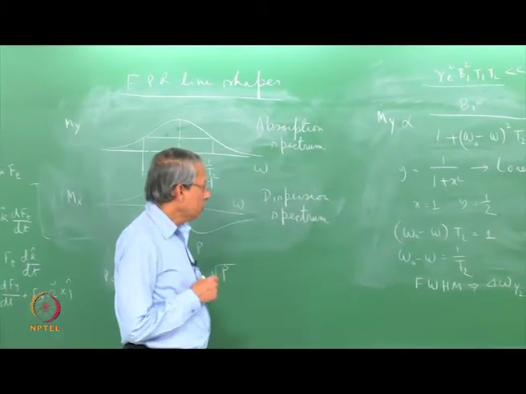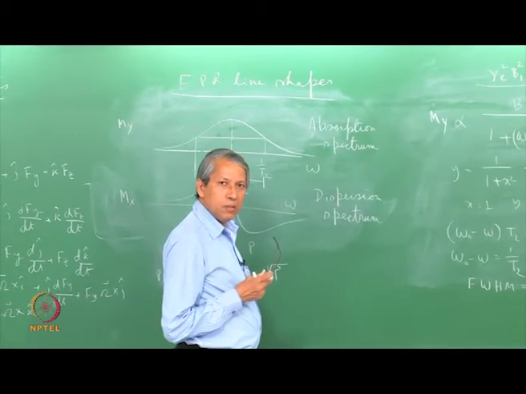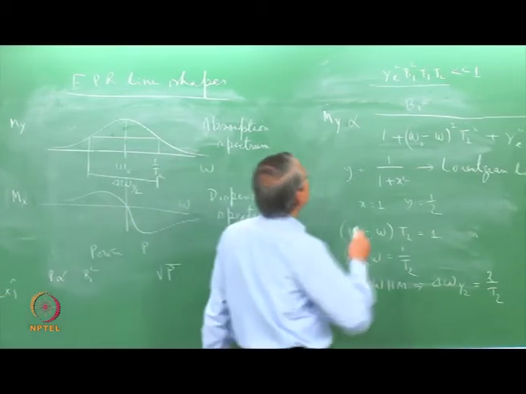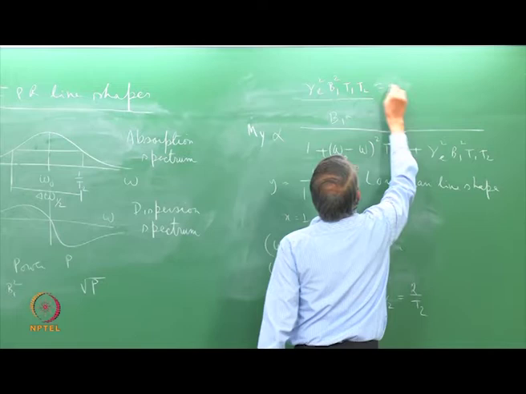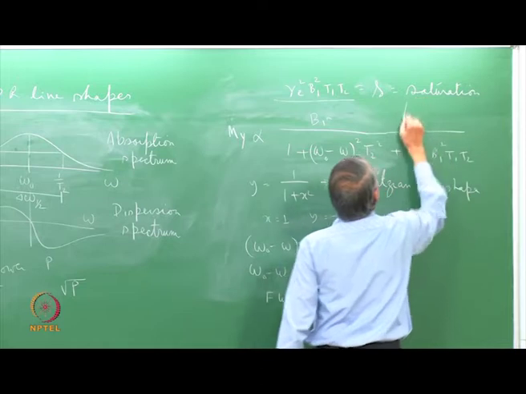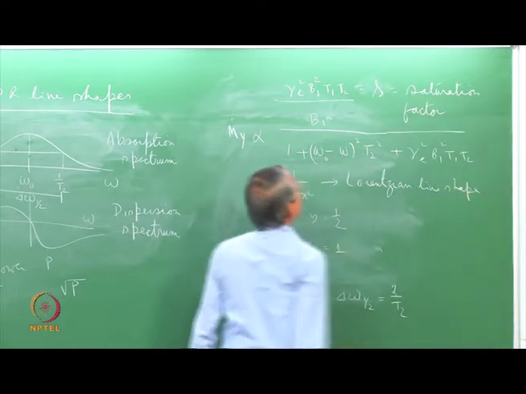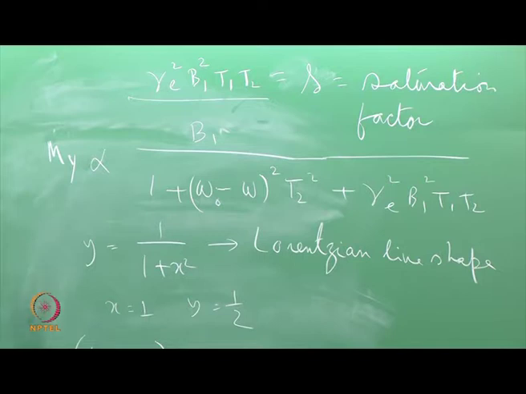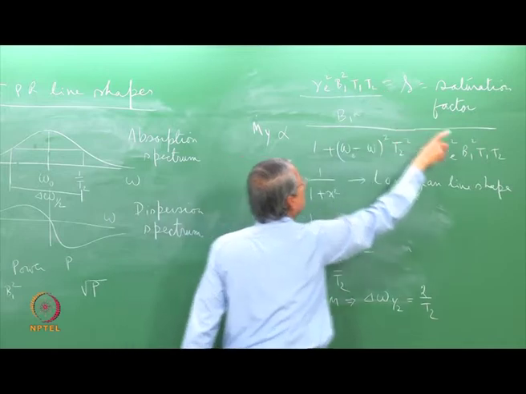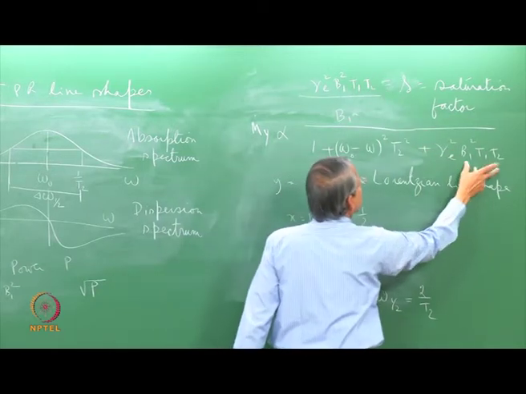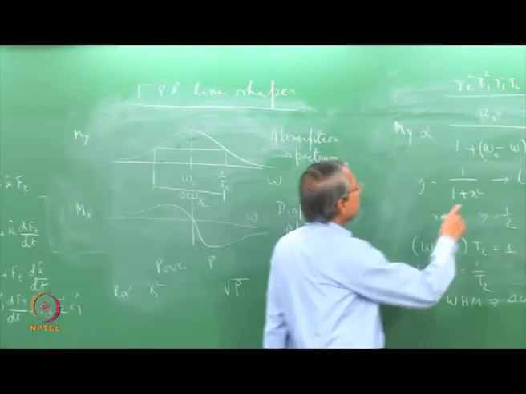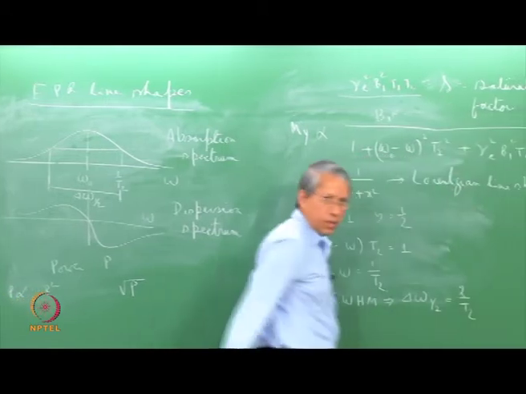But this itself could be used as a tool to measure the spin lattice relaxation time. How? Let us call this factor the saturation factor. If I plot the signal height as a function of various settings of B1, as I said, initially it will go up and then it will start coming down because of this one. So, by plotting the intensity as a function of microwave power, I can get an idea of this saturation factor.